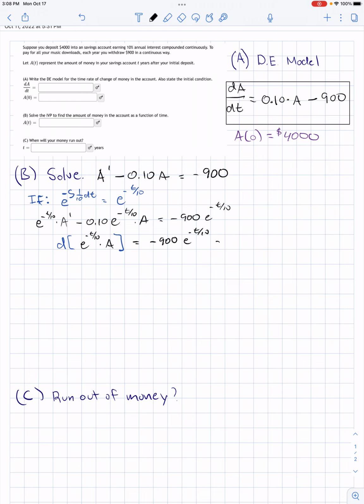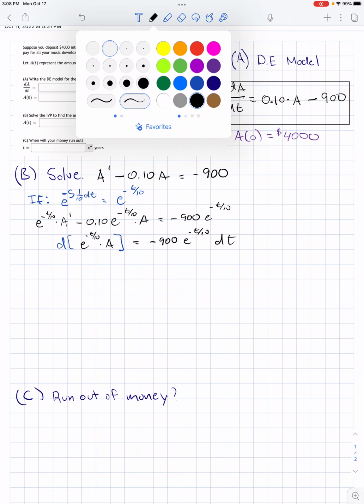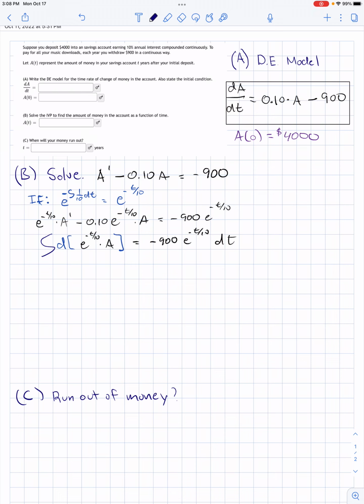And I'm going to write dt because I'm going to integrate in a second. Just to double check, notice if you took the derivative of this, you would get the above step here, using the product rule. So that's one reason why we like the integrating factor. It makes that nice. And now we can integrate both sides.